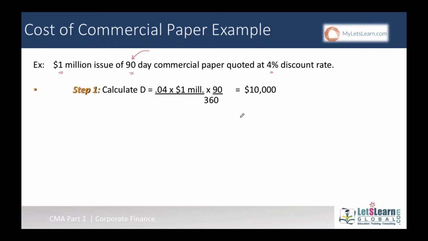A 1 million face value instrument was issued for 90 days. 4% of 1 million equals 40,000. But this is issued for 90 days, one quarter. So 90 divided by 360 will give us what? 10,000.